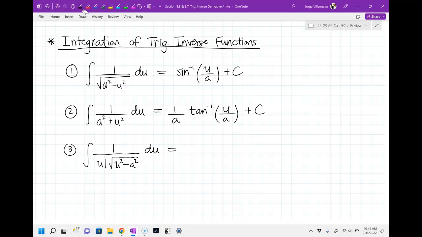So you don't need the absolutes on it. It's just 1 over u times the radical u squared minus a squared. So this is 1 over a secant inverse of absolute value of u over a plus c.